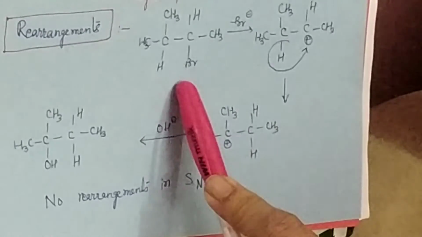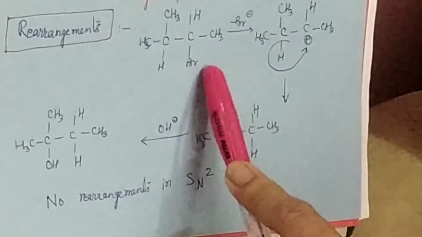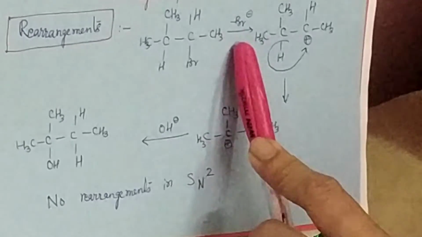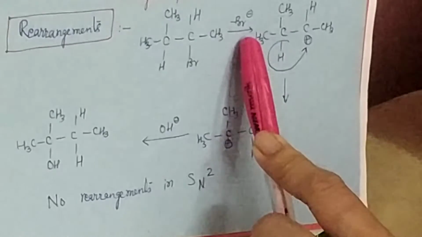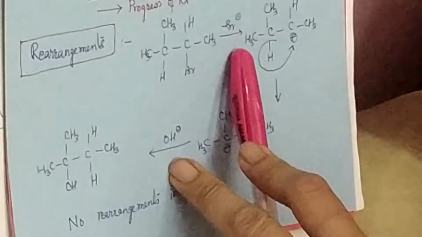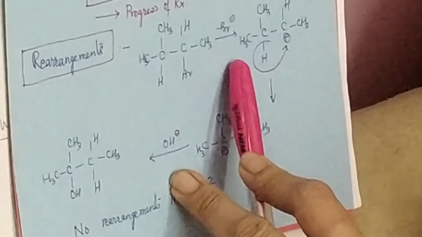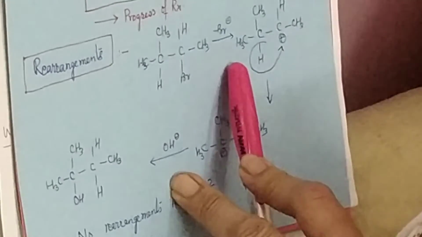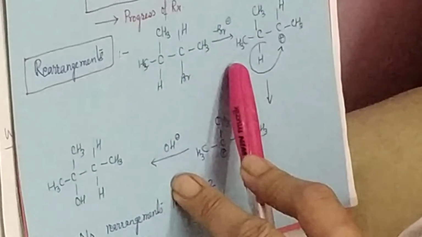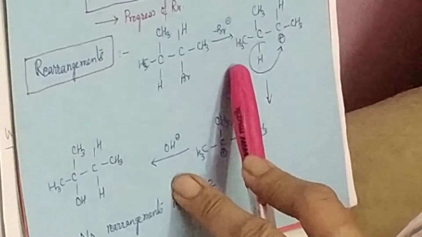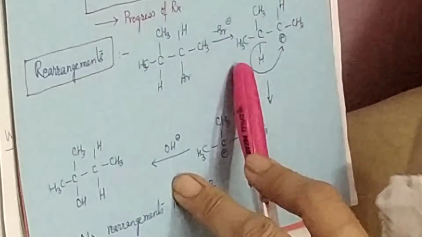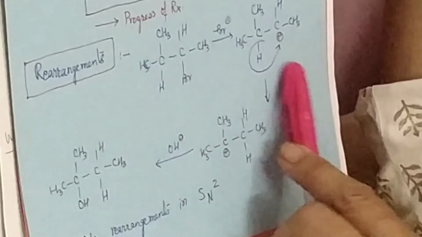Now this bromine atom is going to be removed first. Can you see that? And if it is removed, then the result will be the formation of this positive ion, that is the carbocation which is formed here.